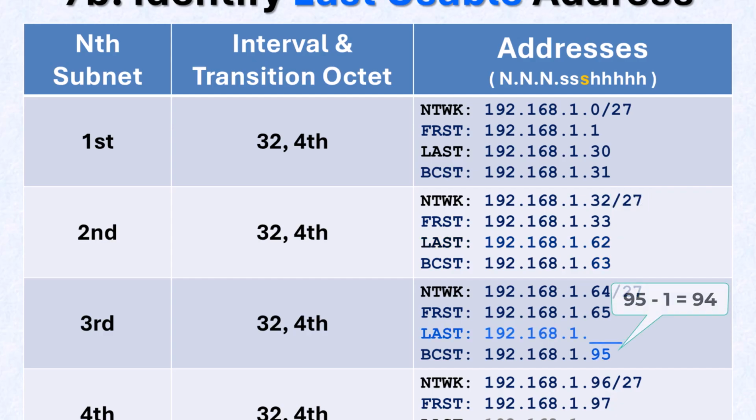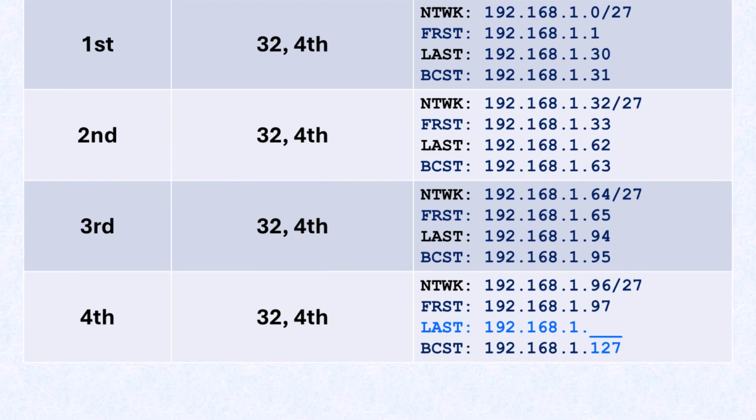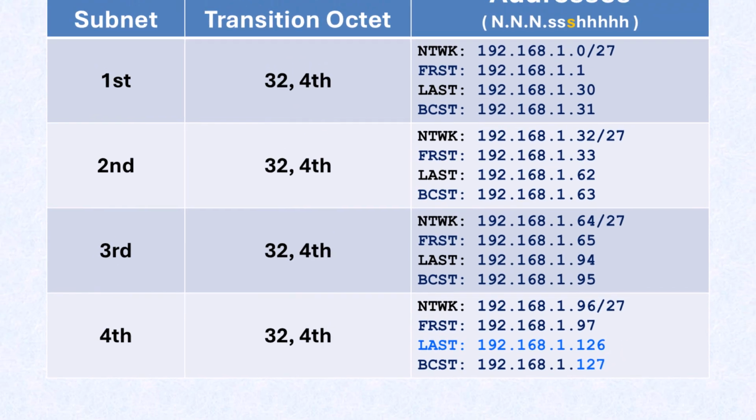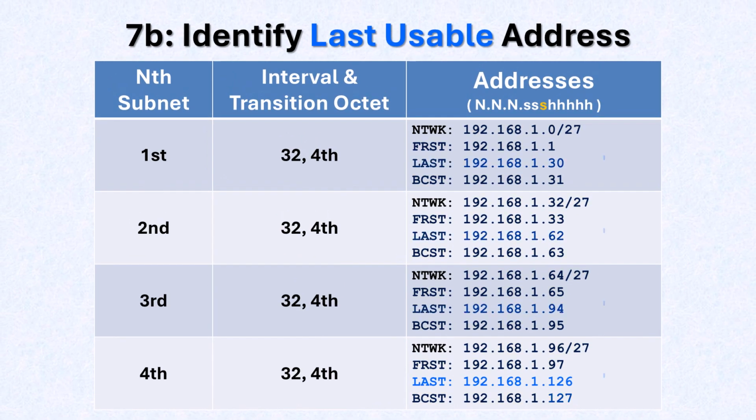For subnet 3, 95 minus 1 gives .94. And finally, for subnet 4, 127 minus 1 gives .126. The highlighted addresses represent the last usable address of each subnet.